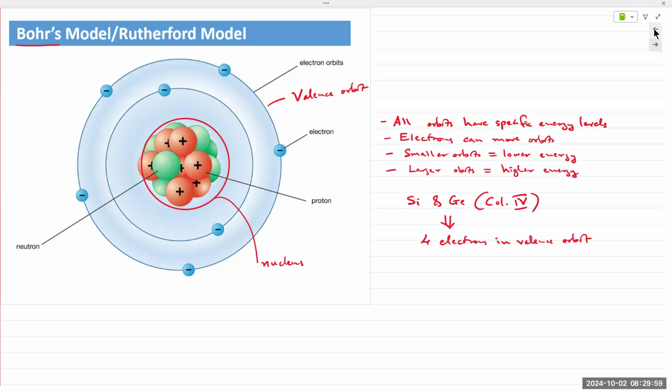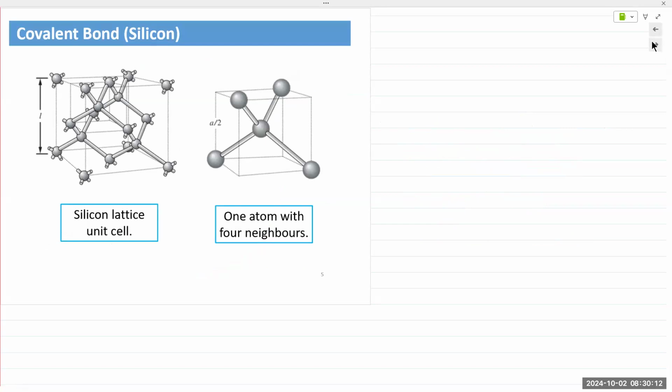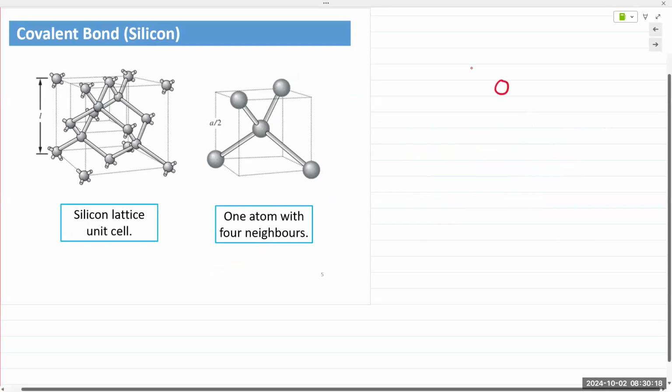Thus, they form a stable covalent bond, which has 8 electrons shared amongst them. So in a single crystal of silicon, you have a covalent bond between a silicon atom and its 4 neighboring atoms.